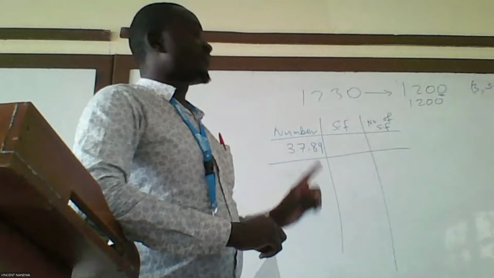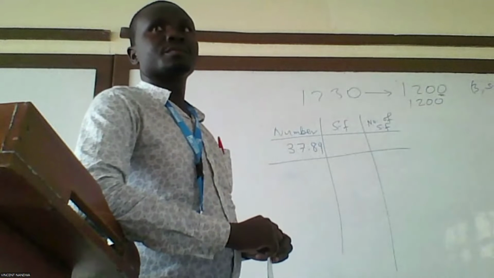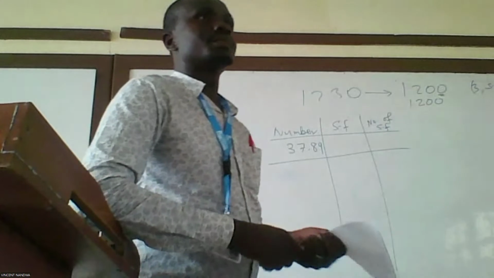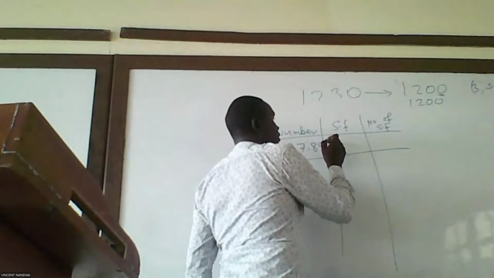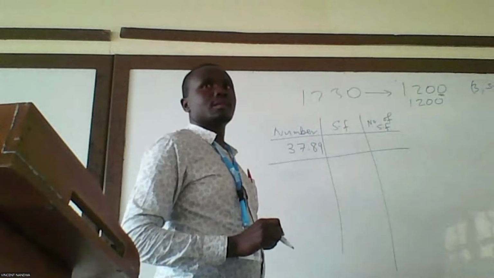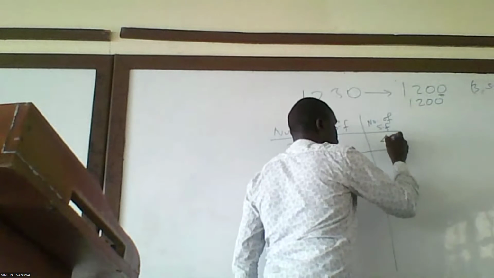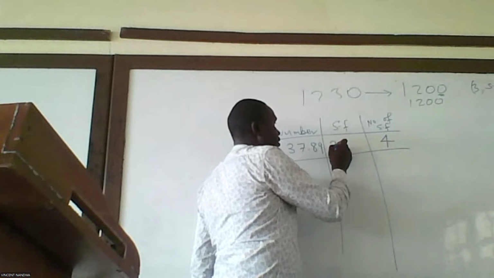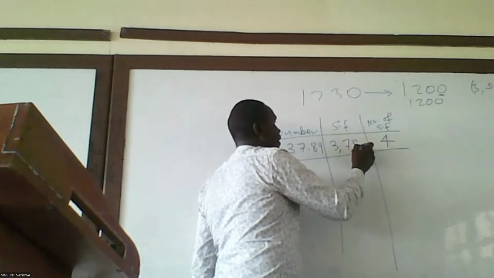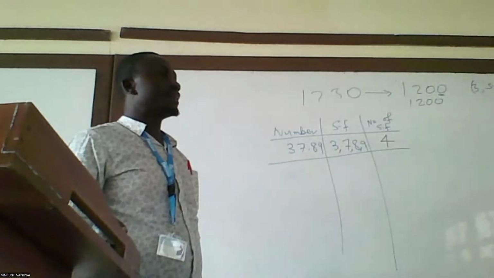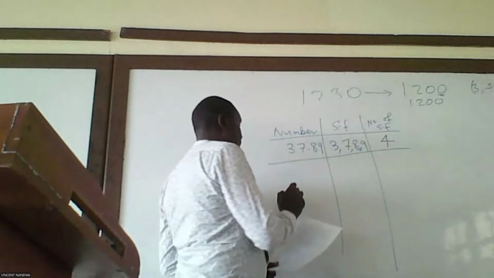So what are the significant figures in this number? Or significant digits in this number? The total number will be 3. So what are the digits here? 7, 8, and 9. Those are the significant digits.